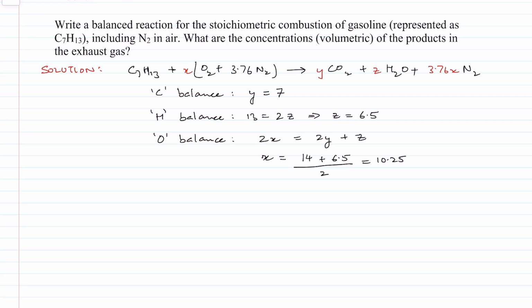Let's rewrite the equation now. So you see C7H13 plus, so X is 10.25 moles of oxygen, plus, if we multiply 10.25 times 3.76, that will give us 38.54 moles of nitrogen, and which produces 7 moles of CO2 plus 6.5 moles of water and 38.54 moles of N2.